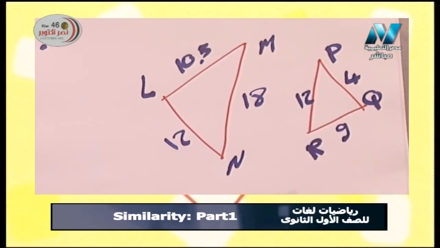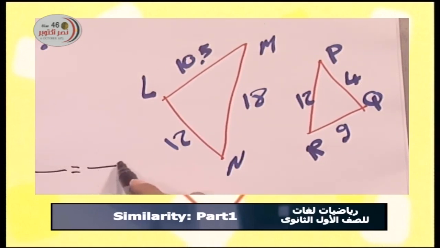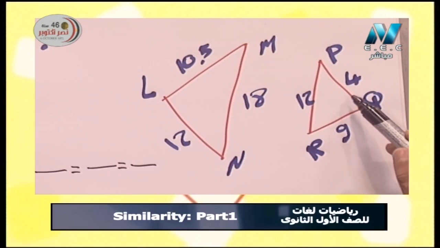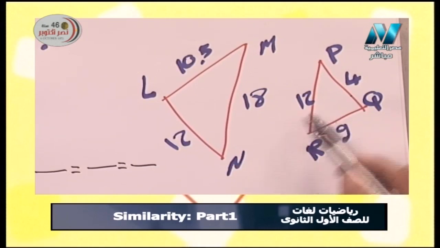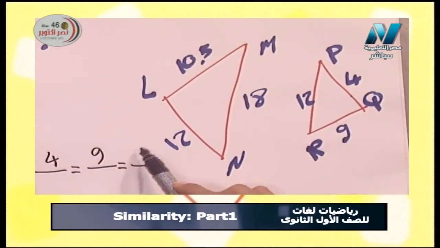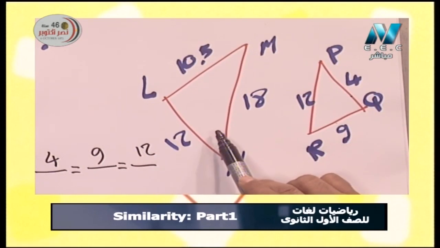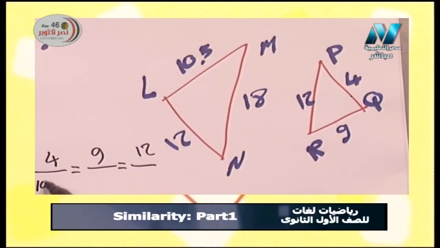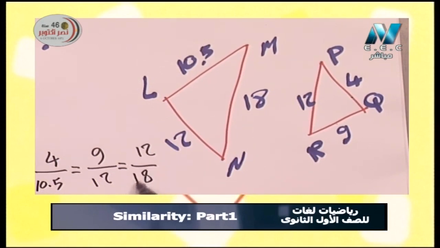Okay, let's use the method that we explained. We have here three sides and we make fractions for them. Let's start with the triangle PQR. The smallest number here is 4, and after that 9, 12. 4, 9, 12. Let's move to the second triangle. The smallest side is 10.5, 12, and 18.